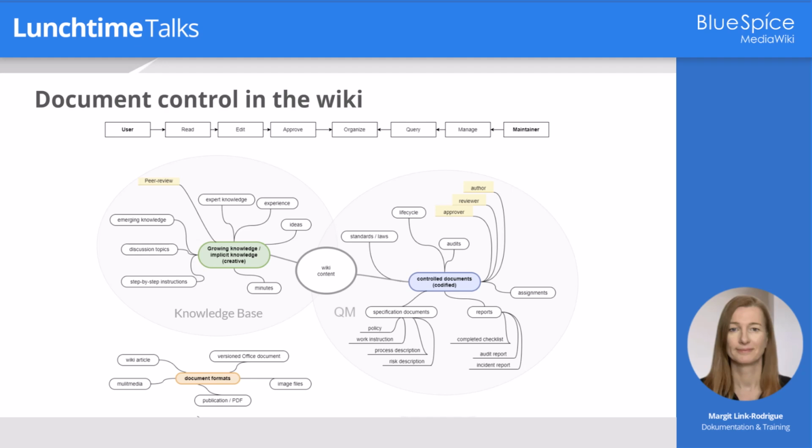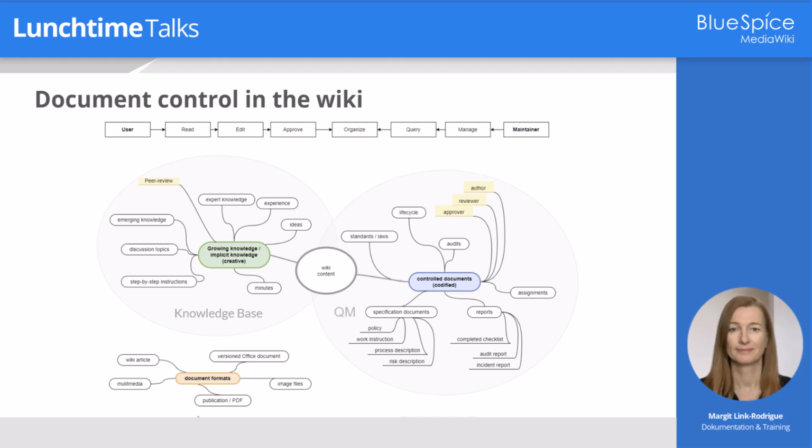The nice thing about a wiki is not only that you can combine these two big areas in one system, but that you, in addition, especially a smaller company, can also upload documents that support either your knowledge base or your quality management system to remove some of your most important maybe Word documents or PDFs from your network drives of individual employees where nobody can find them or knows what the latest version is.